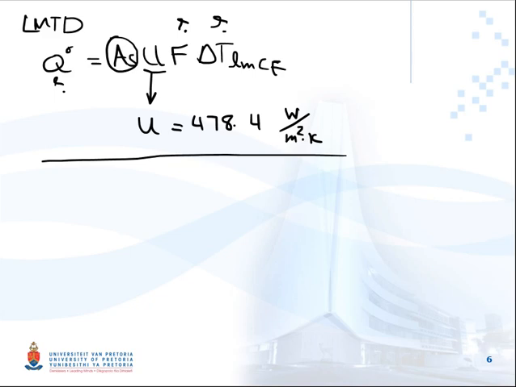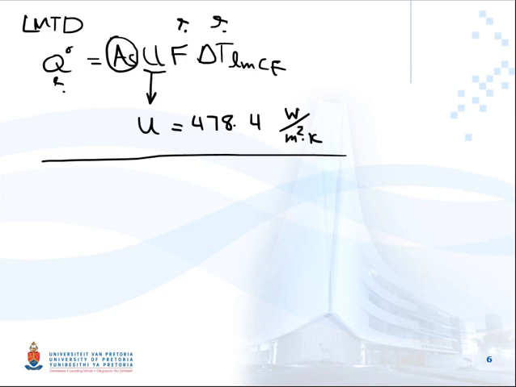First, we are going to start with the correction factor F. We said that, besides very simple configurations, you always need a correction factor. In this case, we know it's a complicated geometry, so for sure we need to deal with a correction factor.